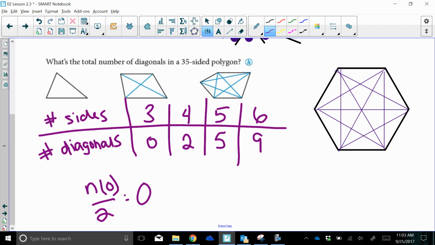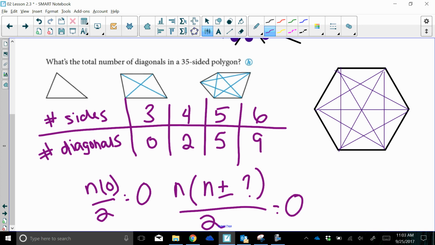So how do we get 0 in this first one? What do we have to do from n? So we have n times n plus or minus something divided by 2 will give us 0. In this case, our first term, or the first number of sides we're working with, is 3.